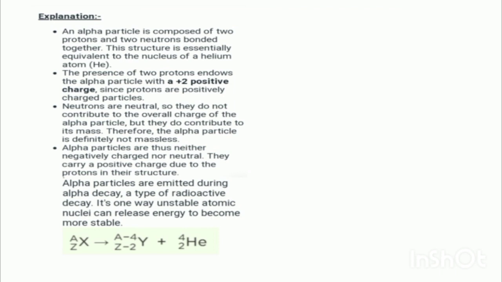Alpha particle is composed of 2 protons and 2 neutrons bonded together. This structure is essentially equivalent to the nucleus of a helium atom. Neutrons are neutral, so they do not contribute to the overall charge of the alpha particle, but they do contribute to its mass.